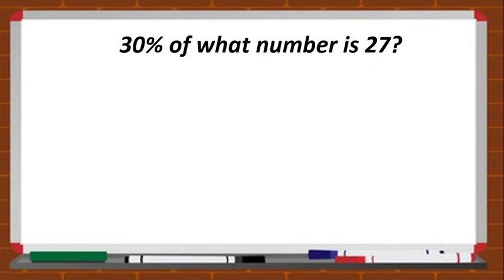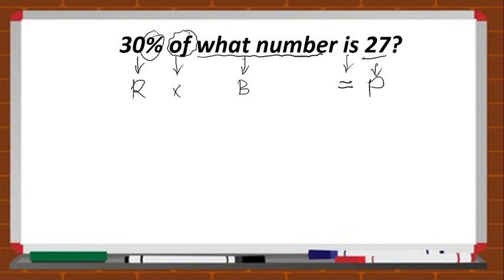So identify the elements. This will be our rate because of the percent sign. And "of" will be written as times. And "what number" represents the base because it is written after the word "of." And "is" will be expressed as an equal sign. And 27 will be our percentage because it comes after the word "is."